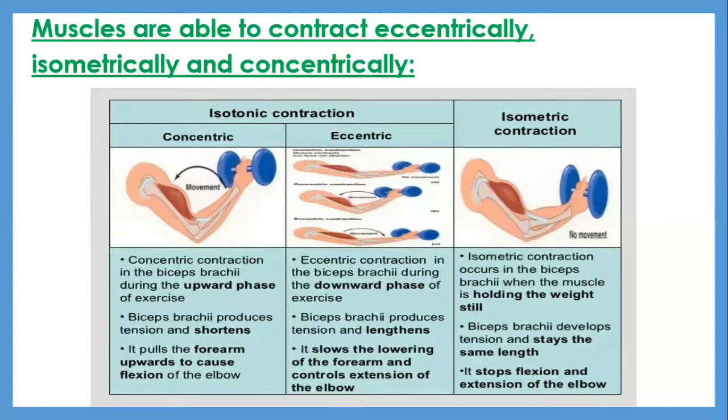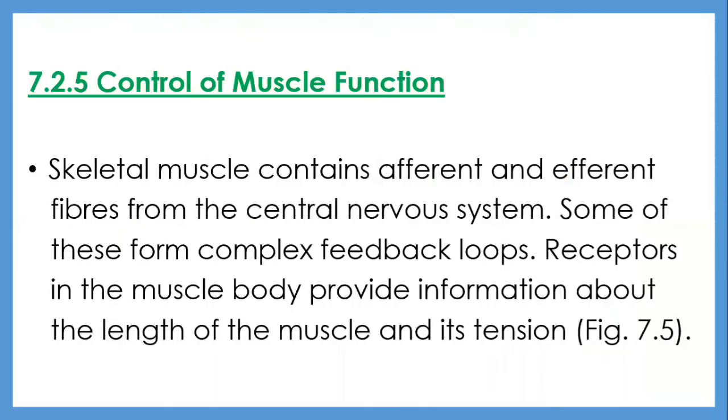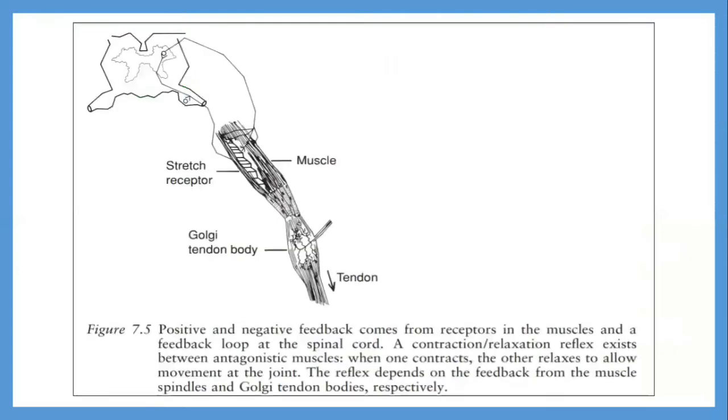And next, we also have control of muscle function. Remember that skeletal muscle contains afferent and efferent fibers from the central nervous system. Some of these form complex feedback loops. Receptors in the muscle body provide information about the length of the muscle and its tension, shown in figure 7.5.